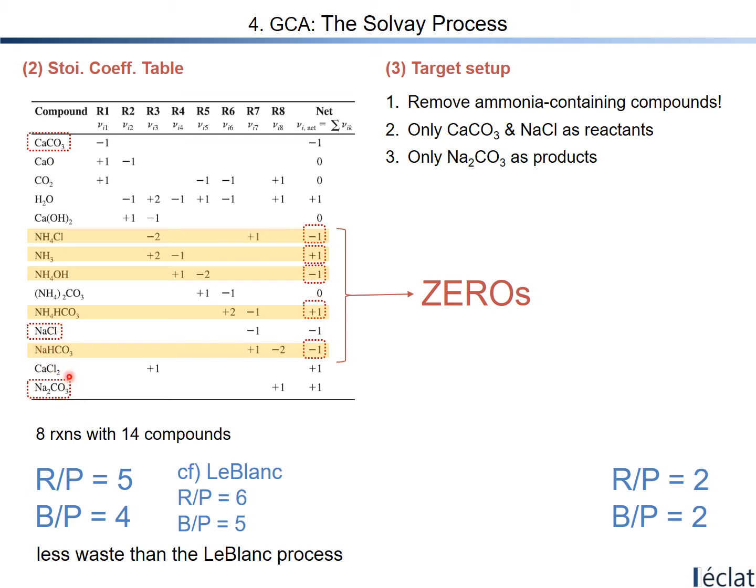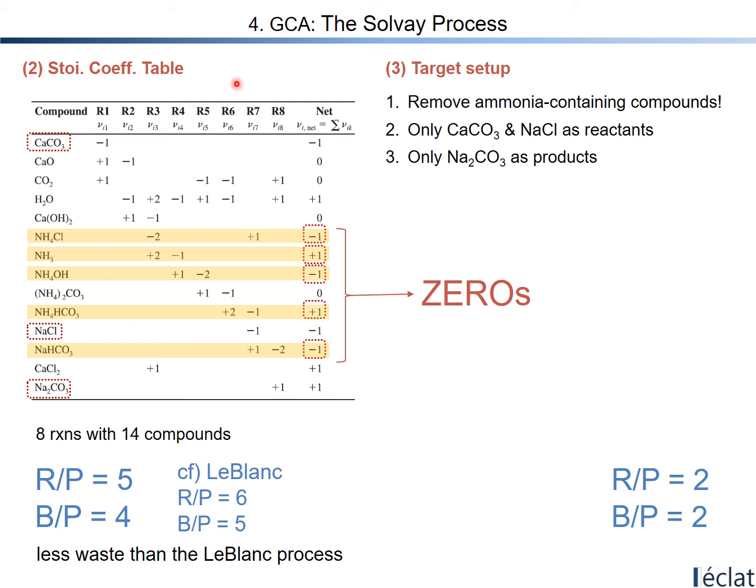And then here are the 8 reactions. In each reaction column you fill out the stoichiometric coefficients of the balanced chemical reaction equations. So right now we have the matrix of the stoichiometric coefficients for the Solvay process. Then at the last column we have the net summation.